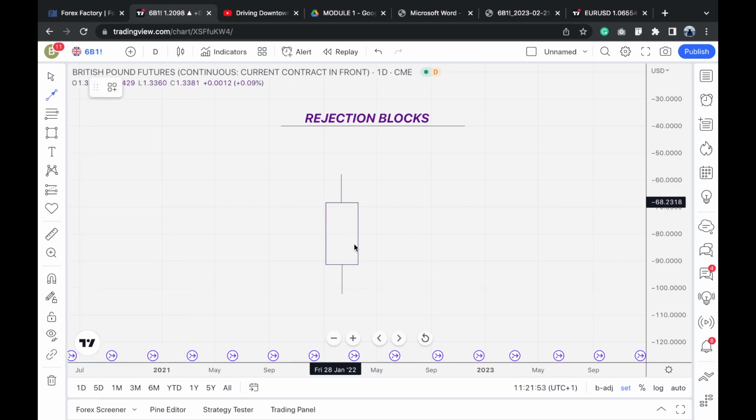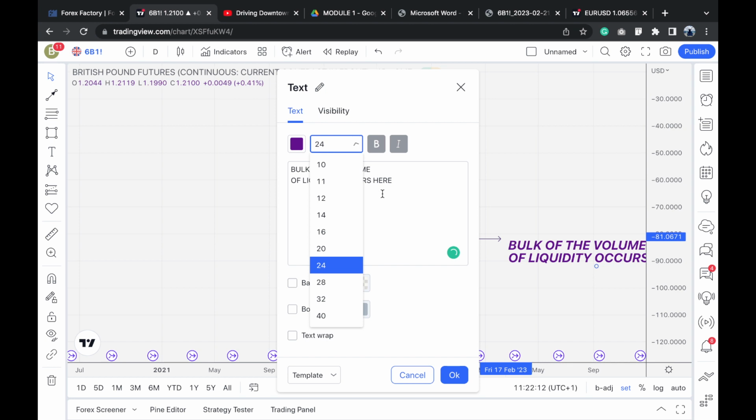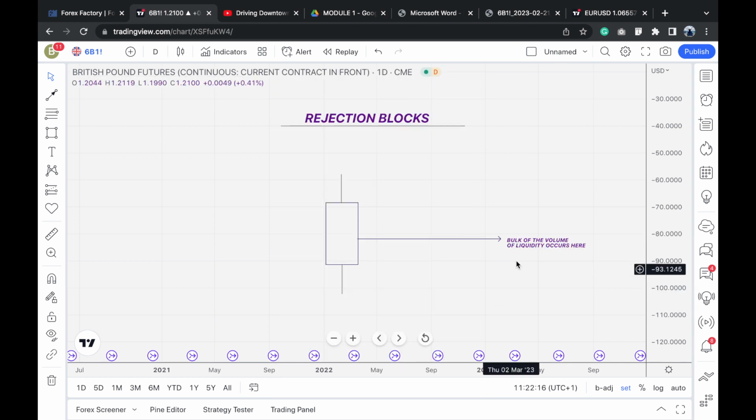So we're going to define this as the bulk of the volume of liquidity. Inside a candlestick, which is utilized for a transactional purpose, the bulk of the volume of liquidity, this is a bullish candle, so that's going to be bullish liquidity.